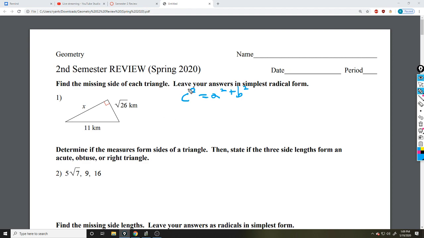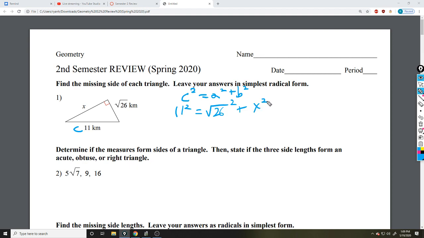And so remember that C is our longest side in the triangle, the hypotenuse that's opposite the right angle. So if we're looking at the right angle, we look across from it and we see our hypotenuse. That's C. So 11 squared equals the square root of 26 squared plus x squared.